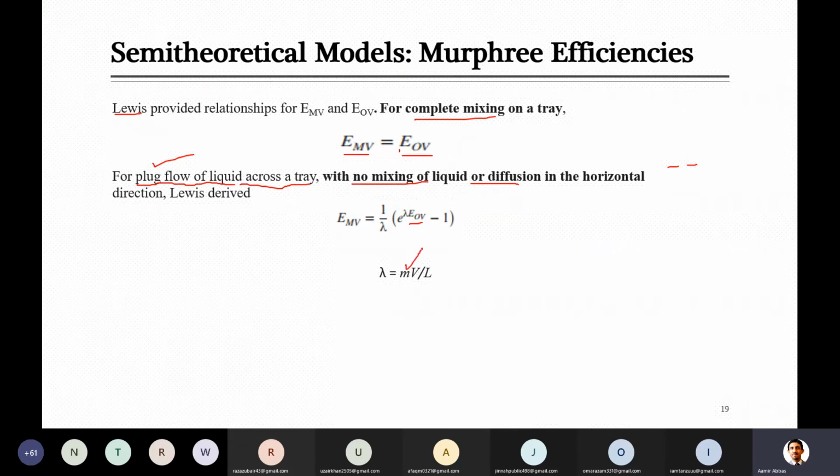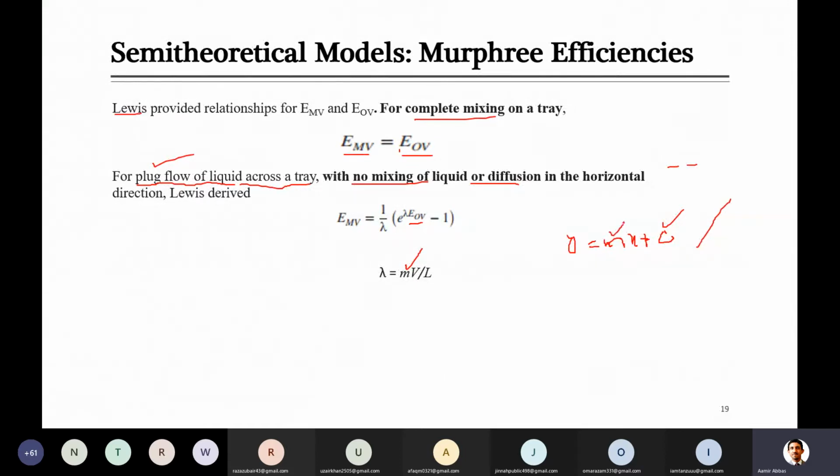and this m is called the slope of the equilibrium line. If we consider the equilibrium line, suppose this is the slope, and y is equal to mx plus b, this simple linear equation, the equilibrium line is linear. If the intercept is considered as 0, it means the line passes through the origin.